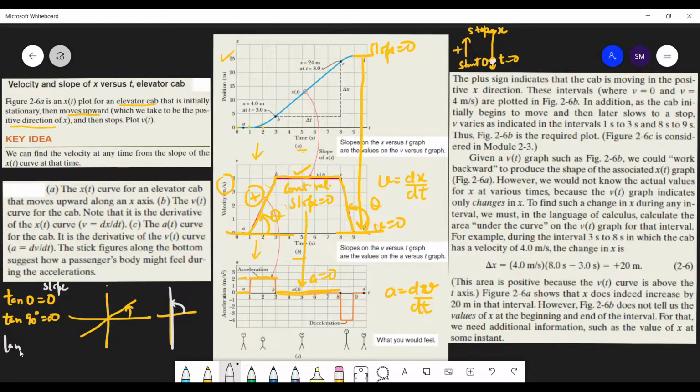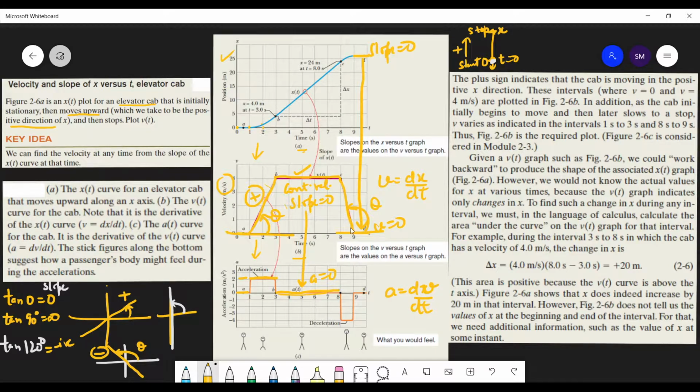And if you take tan more than 90 degrees, like 120 degrees, the slope of this line, its value will be negative. In the second quadrant, tan is negative. In the first quadrant tan is positive, but in this quadrant tan is negative. That is why the slope of this line is negative. Slope is nothing but the acceleration in the velocity time graph.